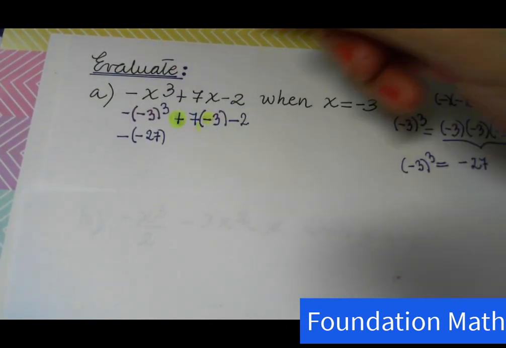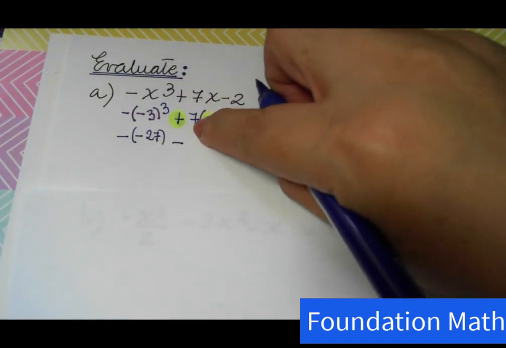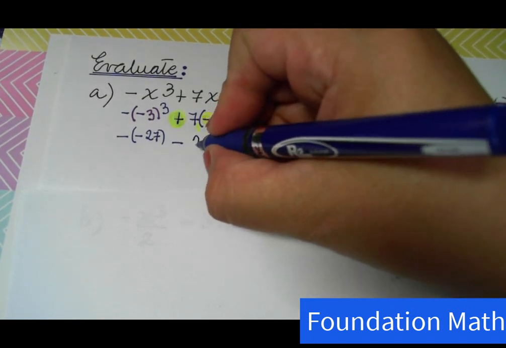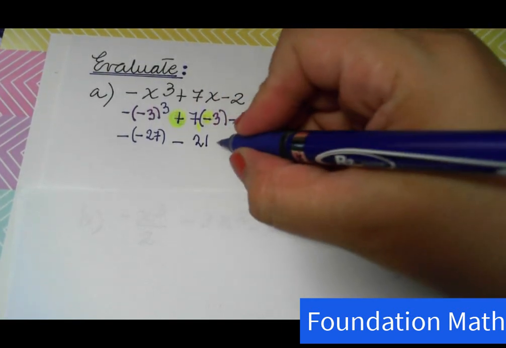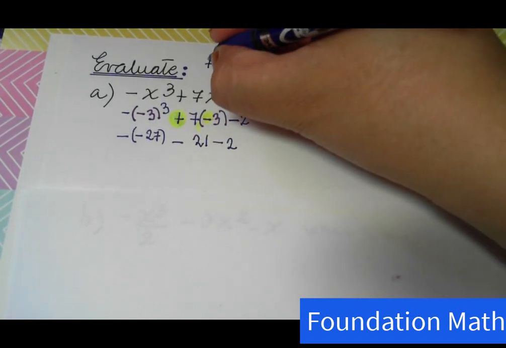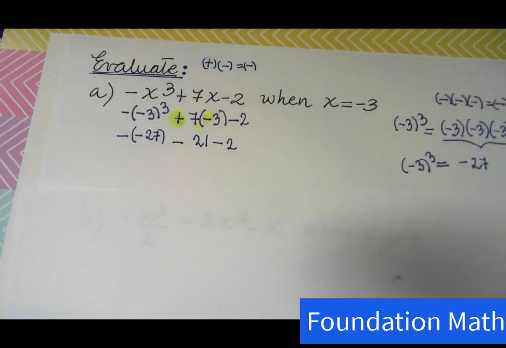You have to multiply here. Positive and negative is negative, remember. 7 times 3, 21. 7 times 3 is 21, minus 2. Remember, positive times negative is negative. Okay? Positive and negative, negative.